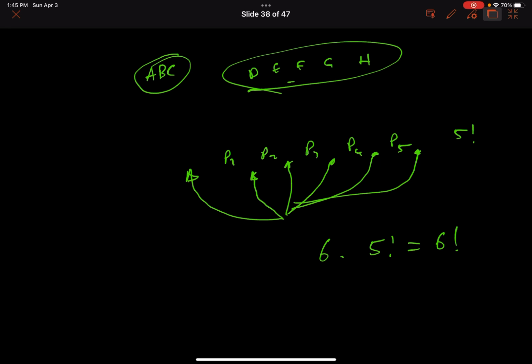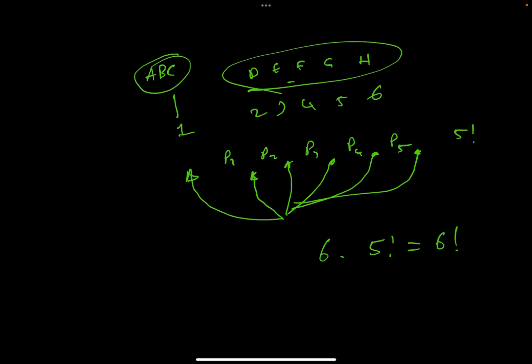Isn't this the same as 6 factorial? Say it again, why is r 2? The r here is 6 as well. The r is also 6 because you have basically one block, 2, 3, 4, 5, 6, and you want to get a permutation.